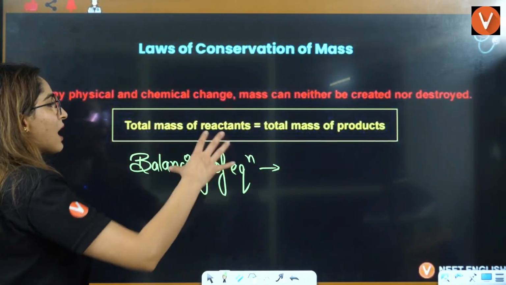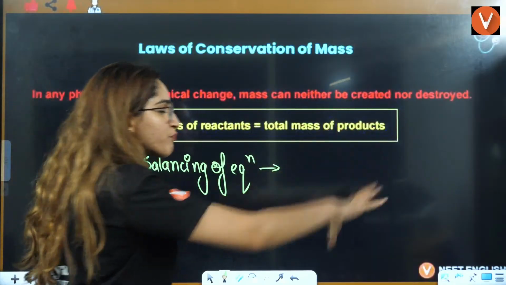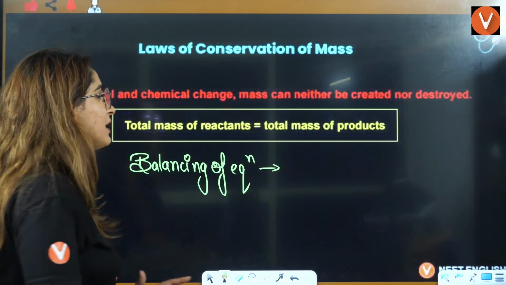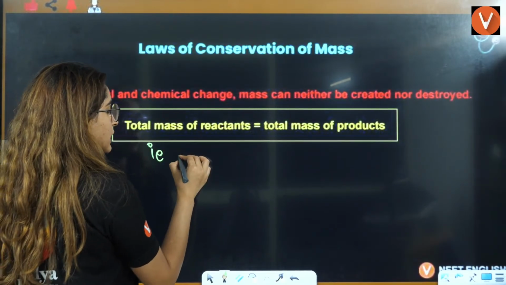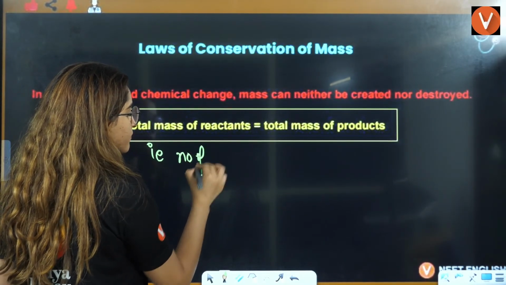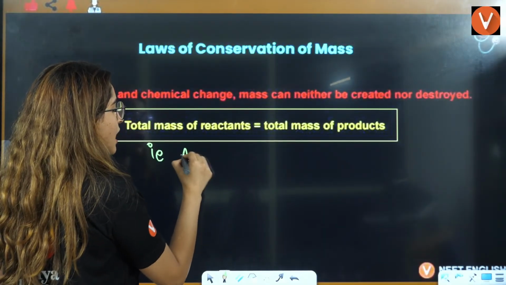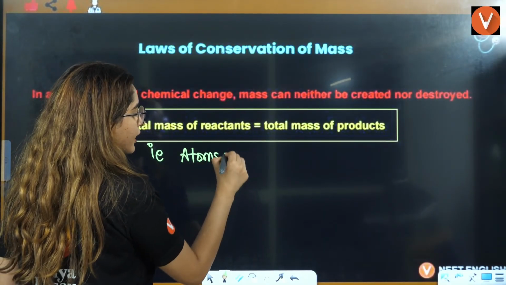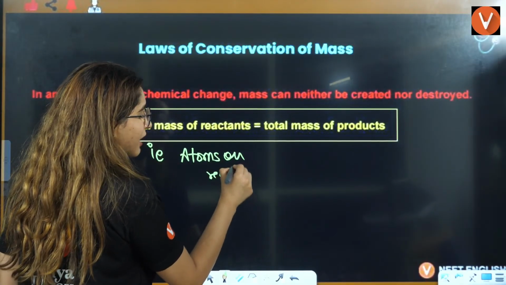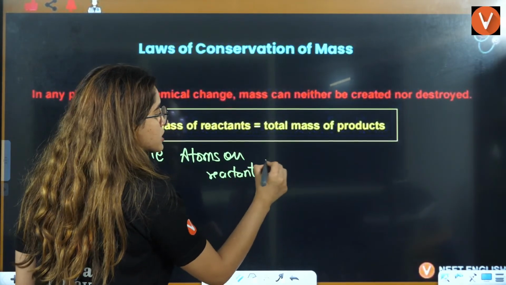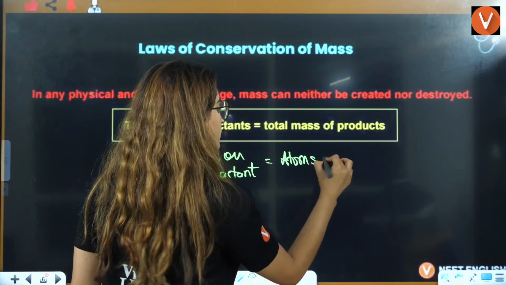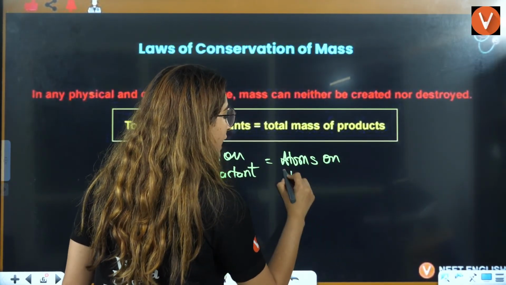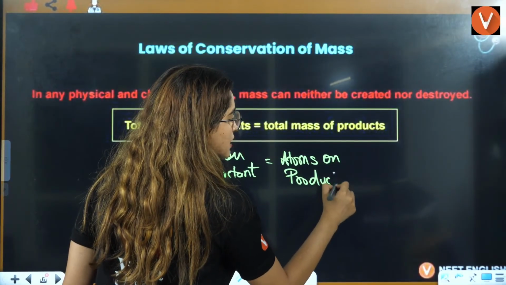If I say the mass of reactants is equal to the mass of products, it simply means that the atoms on the reactant side, the number and the type, are equal to the atoms on the product side.